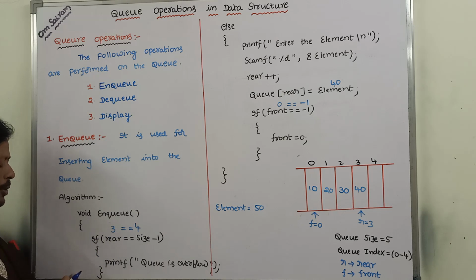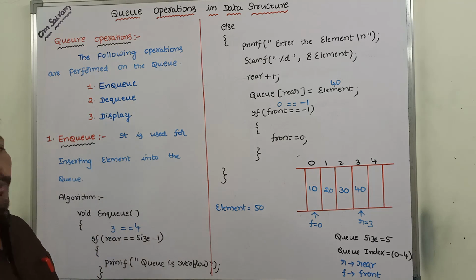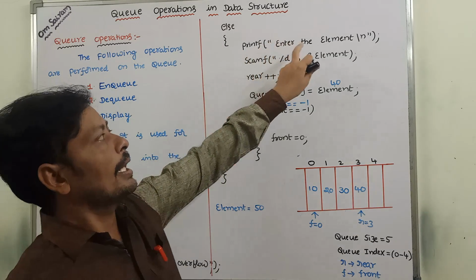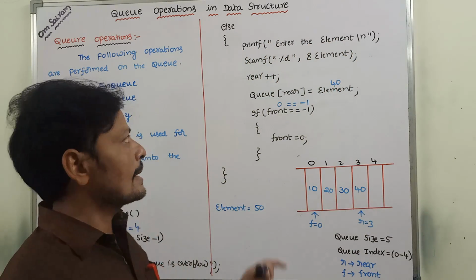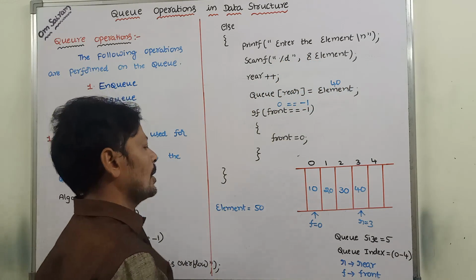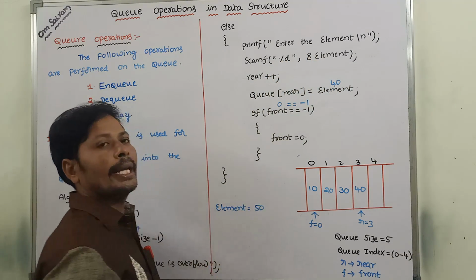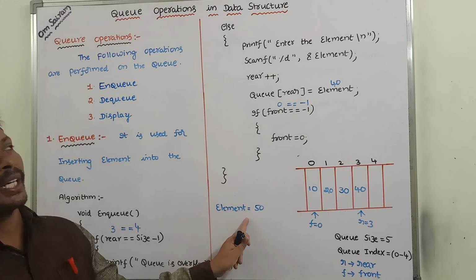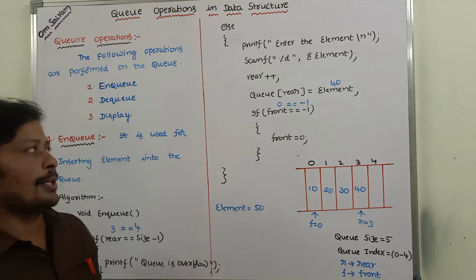Then the control goes to the else block. In that else, printf, enter the element you want to insert. Scanf percentage d ampersand element. So now we are inserting element 50 into the queue. That element can be read from the keyboard by using the scanf function.